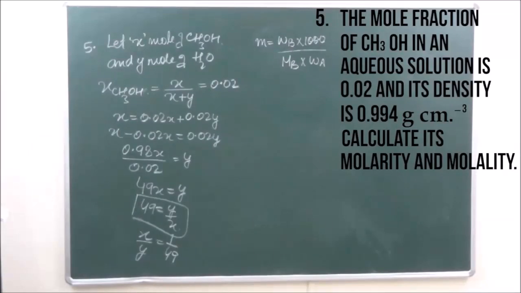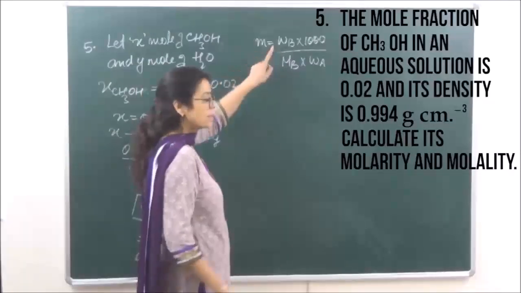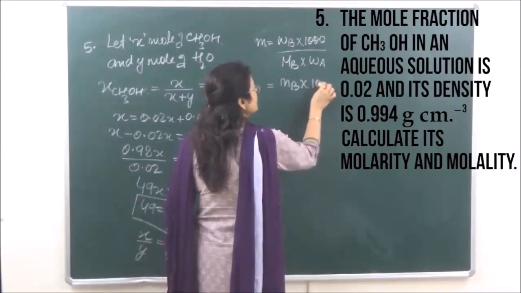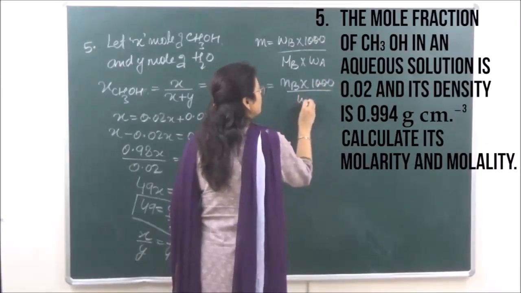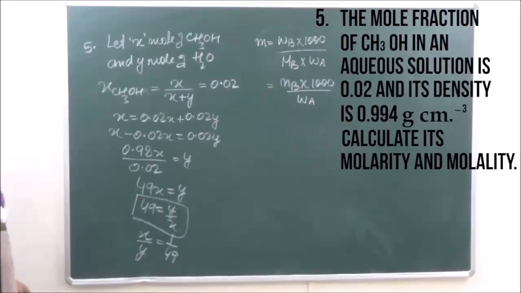This is the formula for molality. Now it means that this is the number of moles of the solute. So we can also put this as NB into 1000 upon WA.